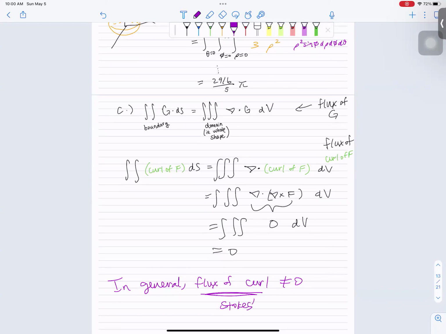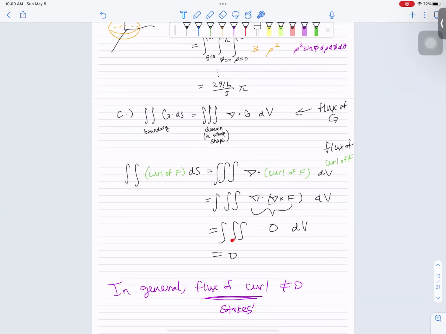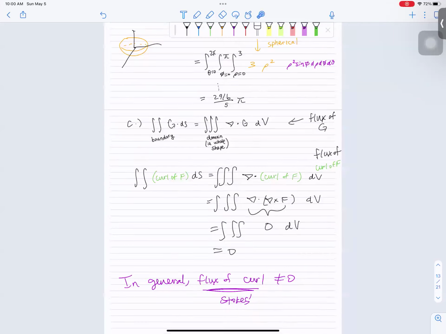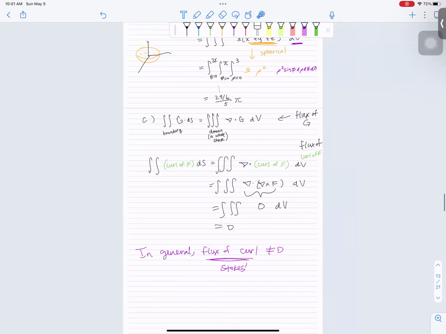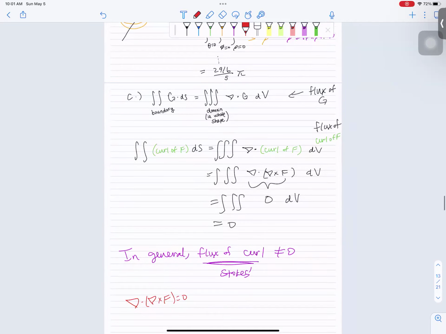But because our object is a closed 3D thing, we can use the divergence theorem and simplify this way to get 0. Okay, questions on question 5? And remember, the facts are divergence of curl of F is 0, and the other one is curl of gradient, or whatever the other one is.